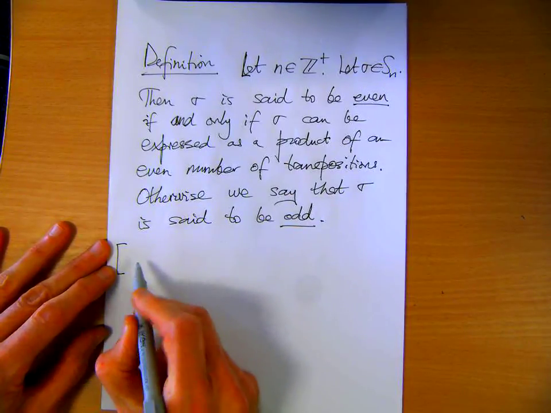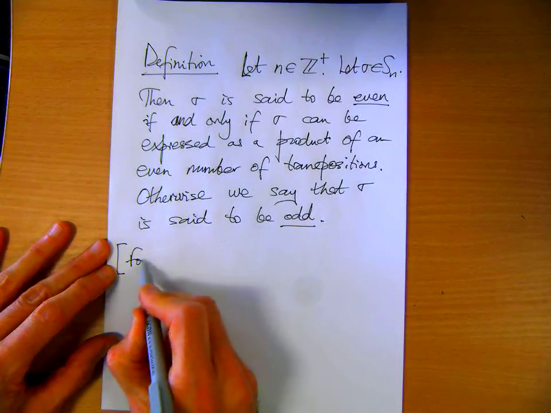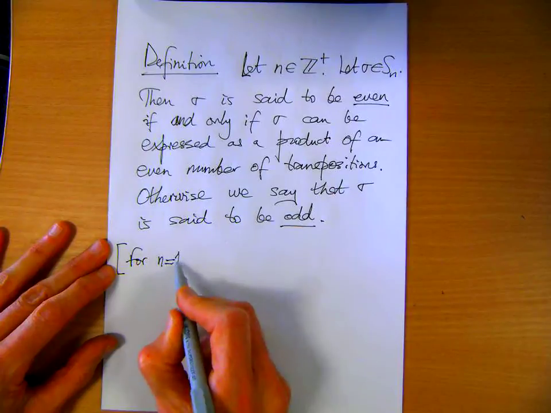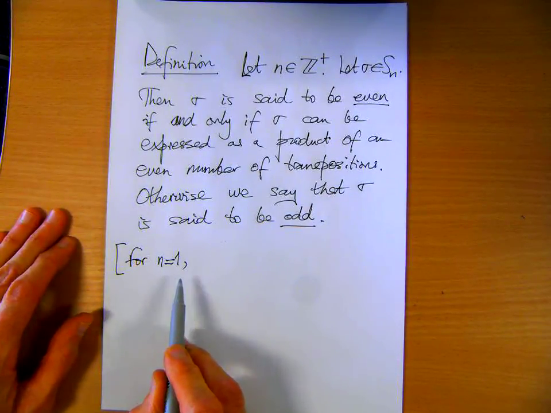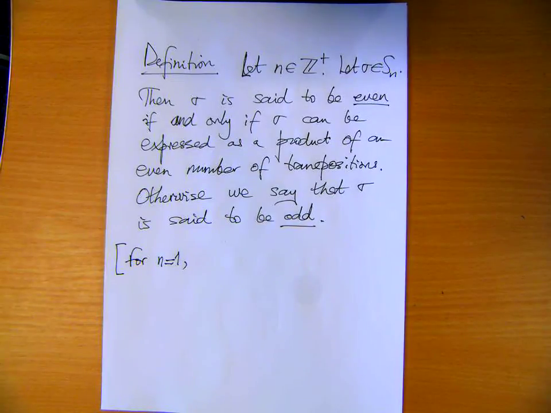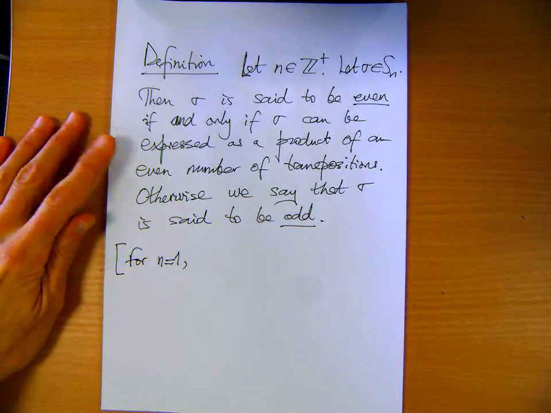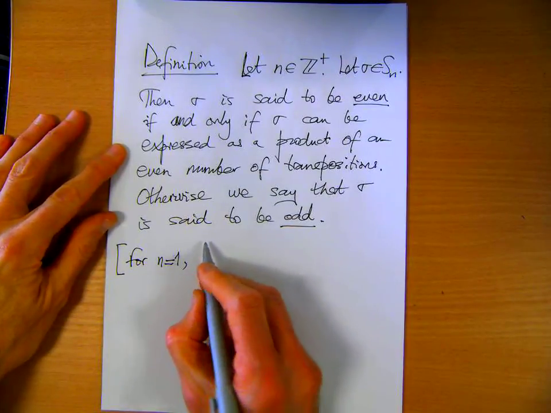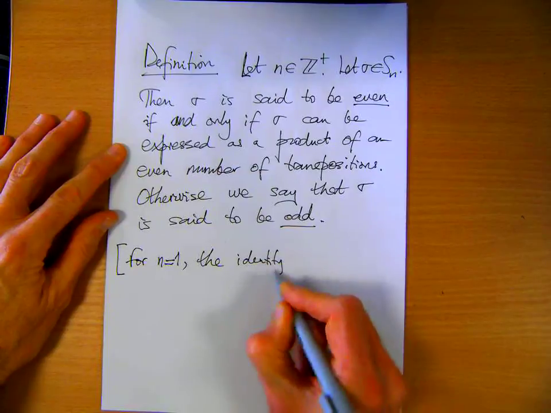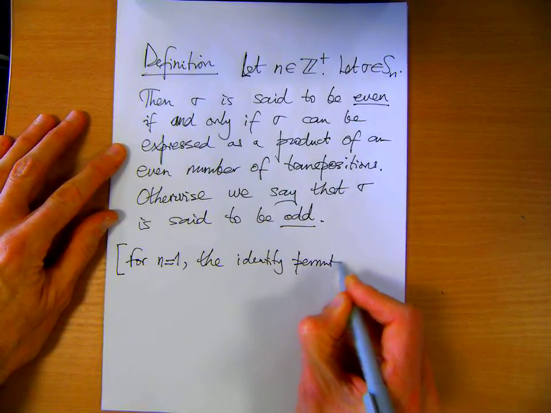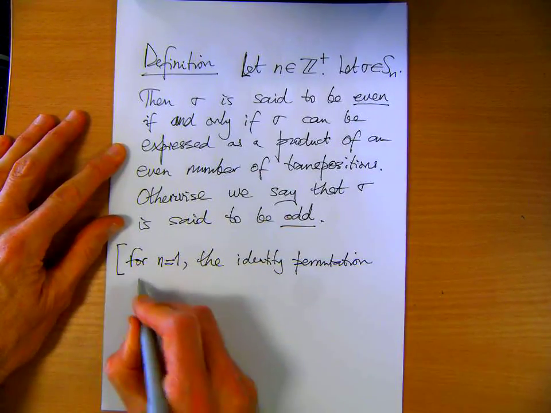We probably just ought to say something about the case n equals 1. If n equals 1, there's only one permutation, which is the identity, and I couldn't do the 1, 2, 1, 2 trick because I wouldn't have a 2 to play with. So we just define that to be even as a separate case.